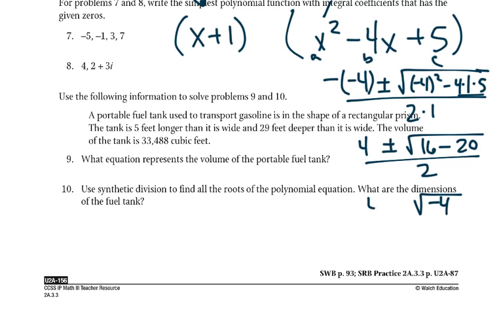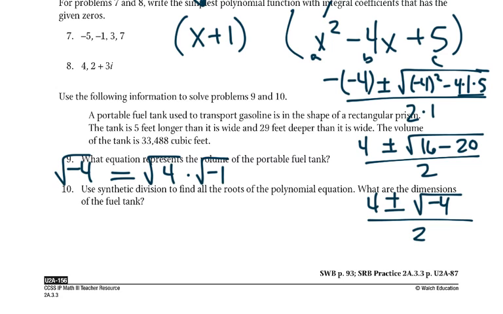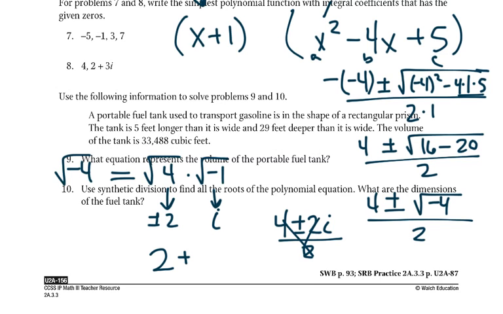You can probably see where this one's going. Okay, think of square root of negative 4 as square root of 4 times square root of negative 1. This becomes i. This becomes plus or minus 2. So we get 4 plus or minus 2i over 2. 2 goes into each, so 2 plus or minus i, because it'd be 1i.